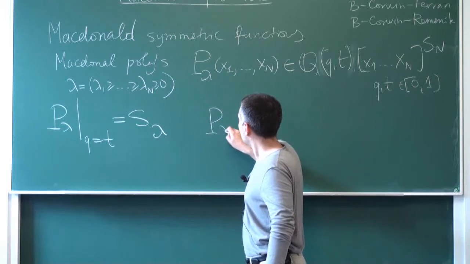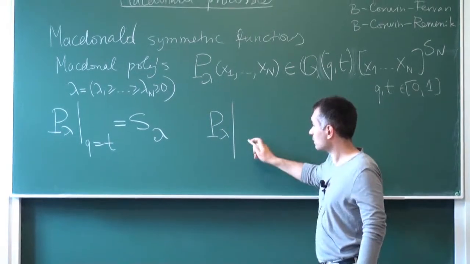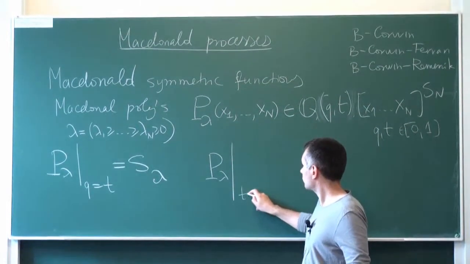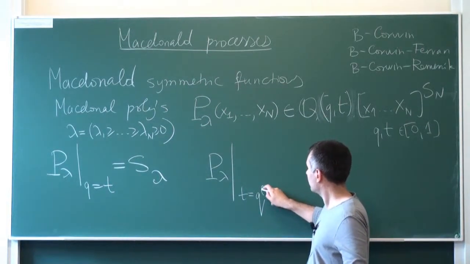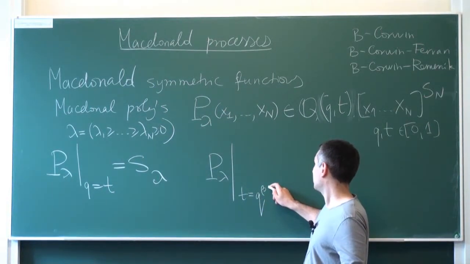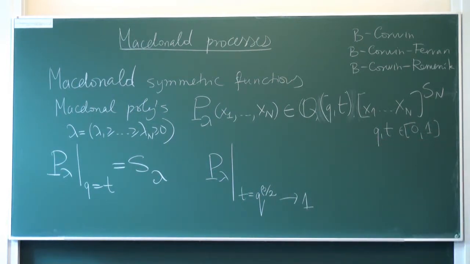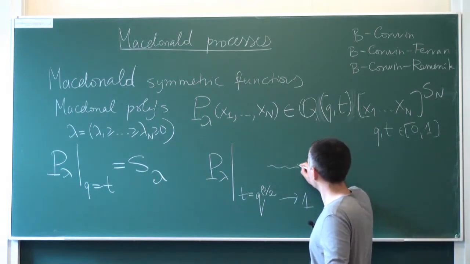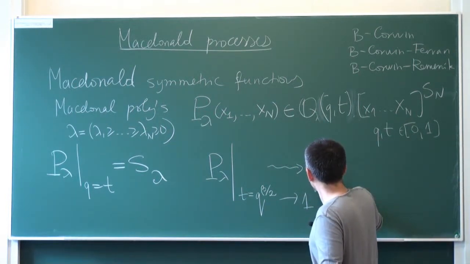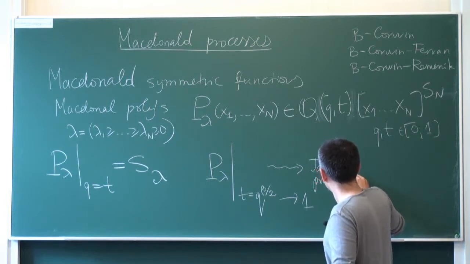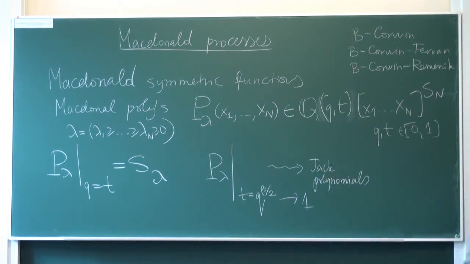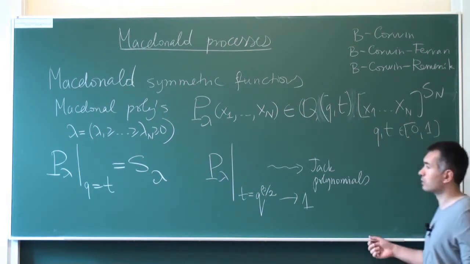If one takes Macdonald polynomials, sets t equal to q to the power beta over 2, I guess that's the usual notation, and then sends both to 1, then the Macdonald polynomials turn into what are called Jack polynomials, which are eigenfunctions for the well-known Calogero-Sutherland integrable system on the circle, with beta serving as a coupling constant.